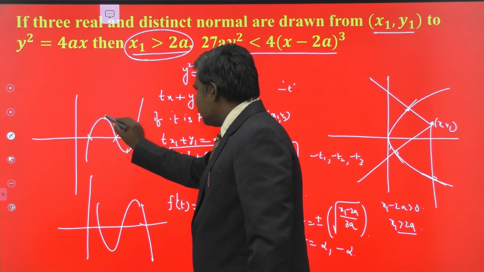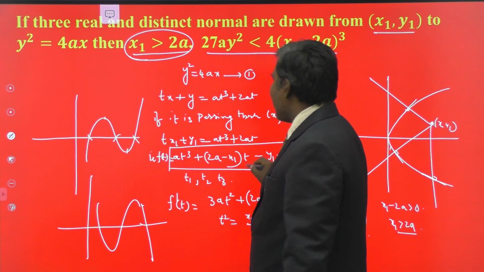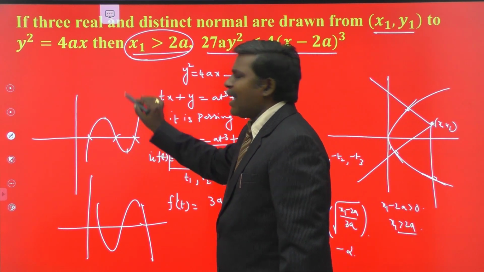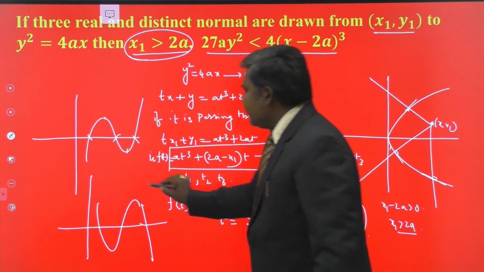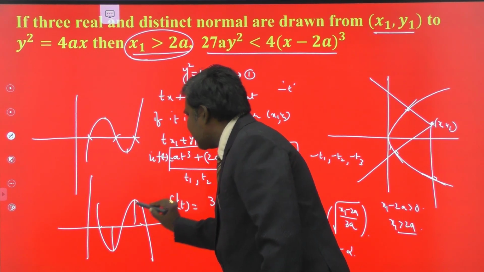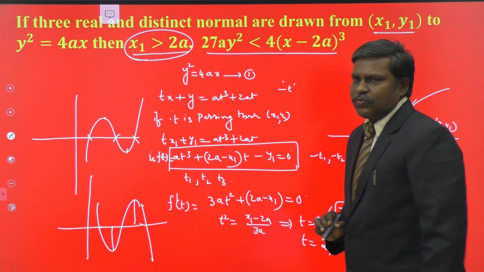This is the local maximum, this is the local minimum. That means f dash x equal to 0 has two real and distinct roots, then only this type of situation will arise. Or in this manner, whatever it may be, one local minimum and one local maximum must exist, then only we get the real and distinct roots for that one.